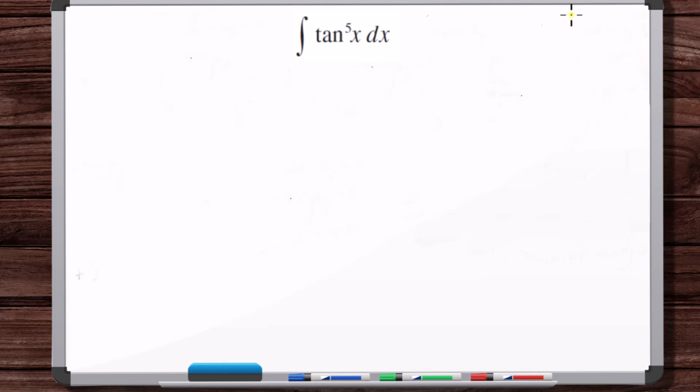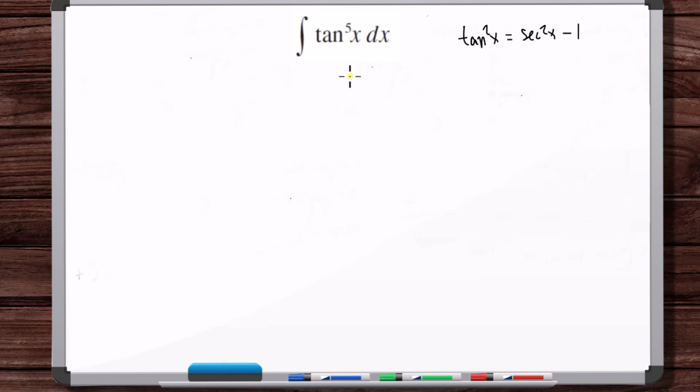So what I mean is, okay, let's use the easiest trig substitution here. Tangent squared x is equal to secant squared x minus 1. By substituting this, we might be able to get two integrals where one we can solve because it's simple.